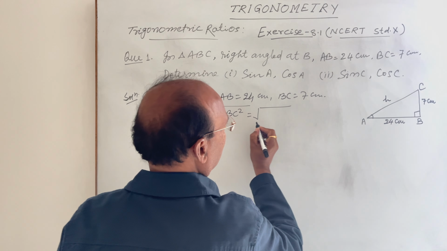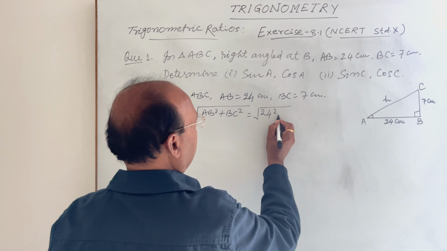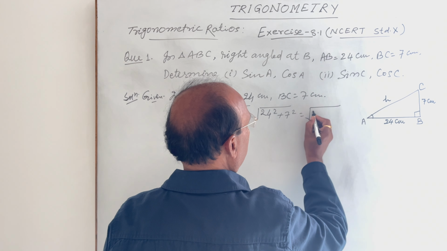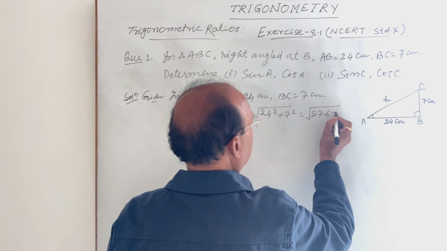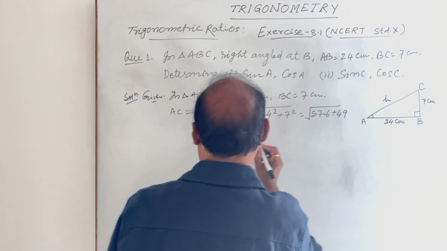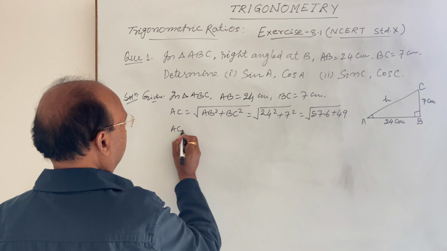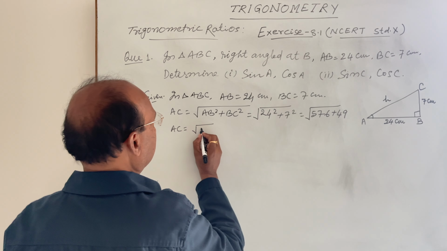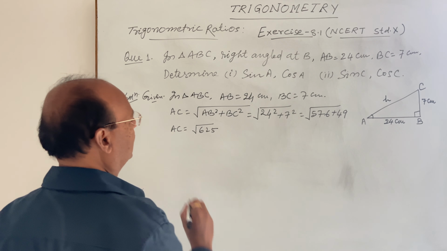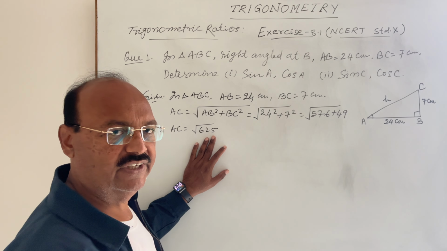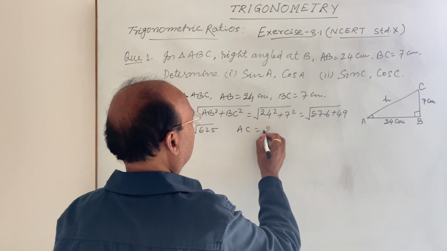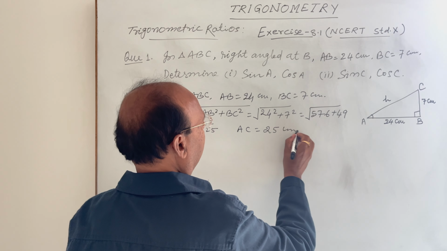This is equal to square root of 24 square plus 7 square, which is square root of 576 plus 49. 576 plus 49 is 625, and square root of 625 is 25. So AC is equal to 25 centimeter.